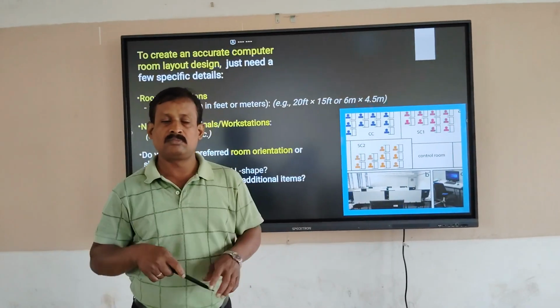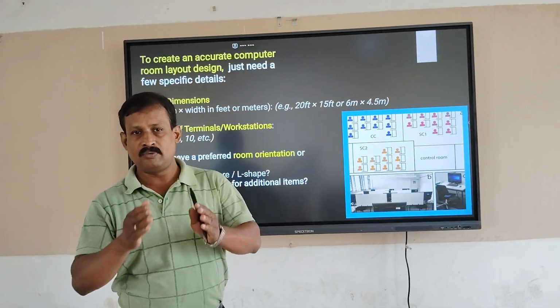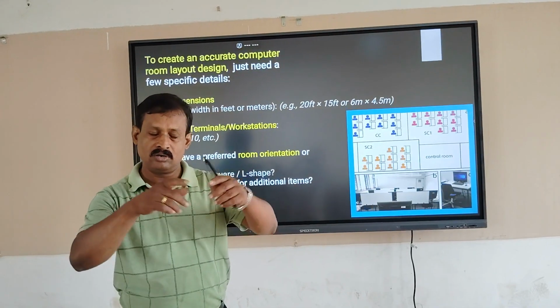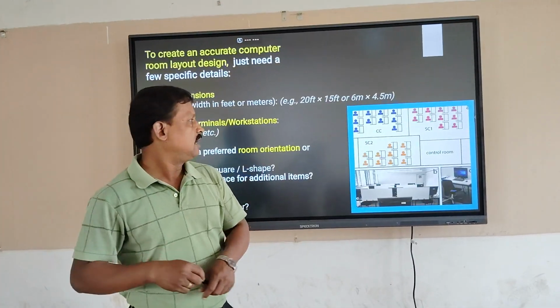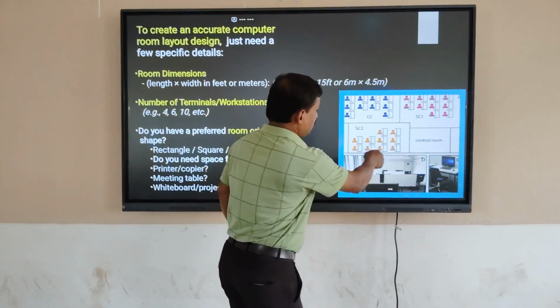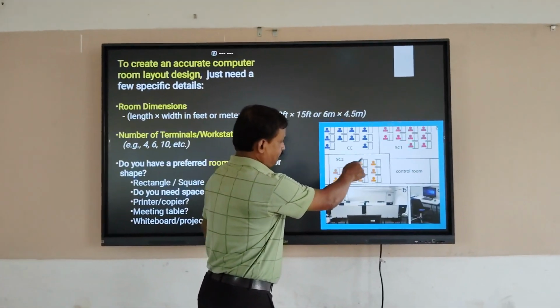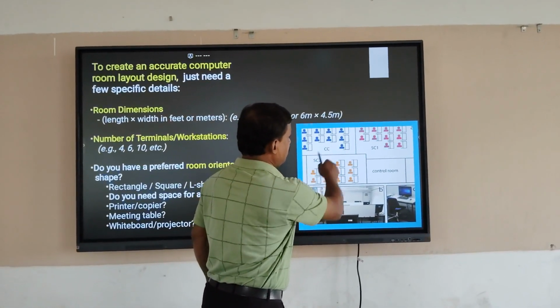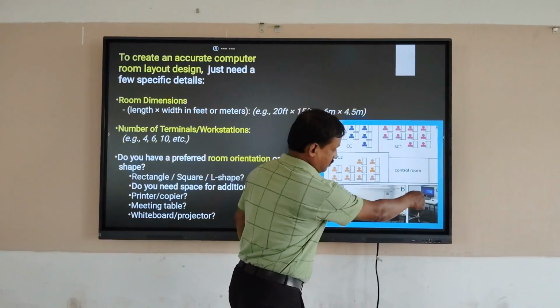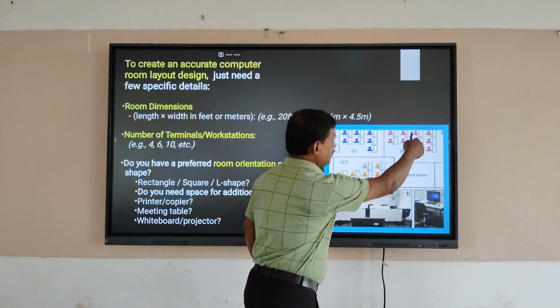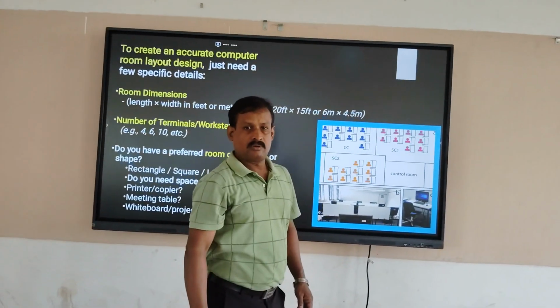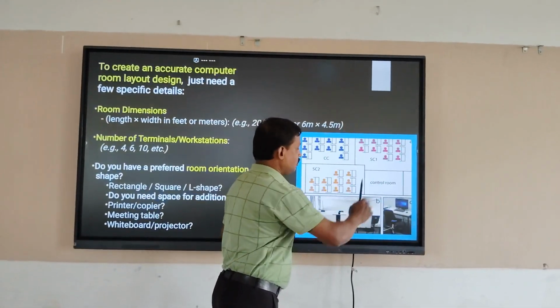According to the room and our plan, we divide the whole place into different areas like development 1, development 2. This is a documentation center. This is the manager center. This is your waiting hall. This is the control room.